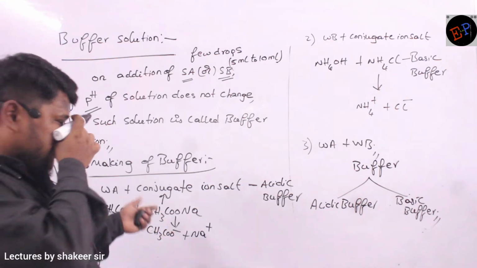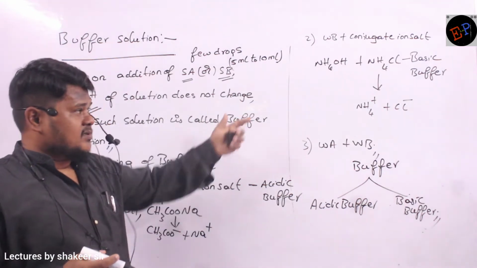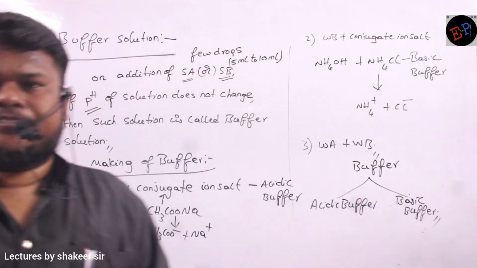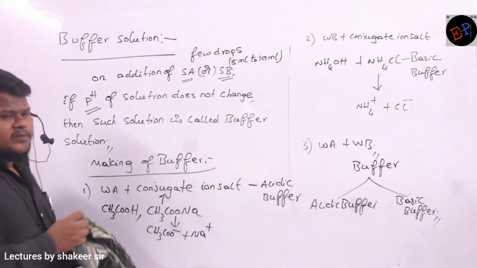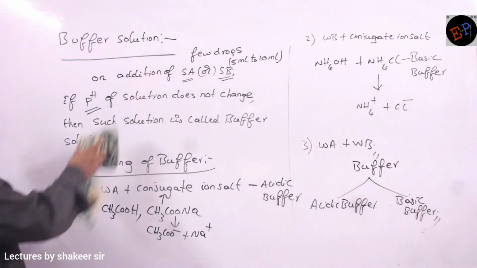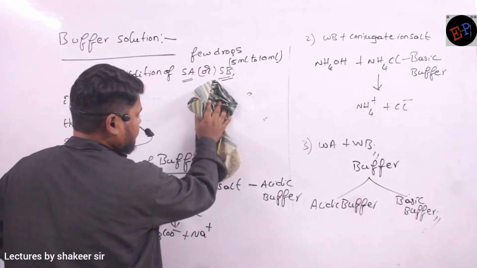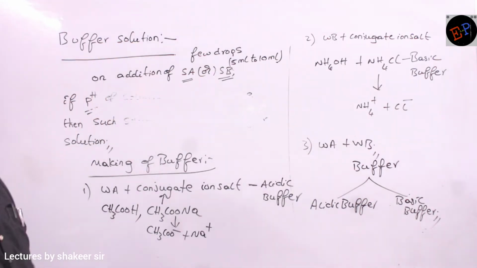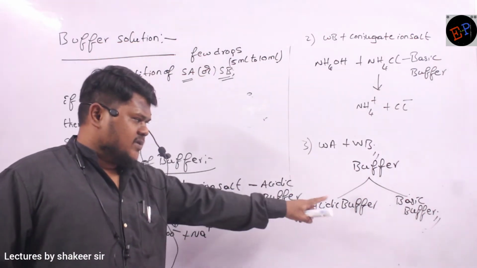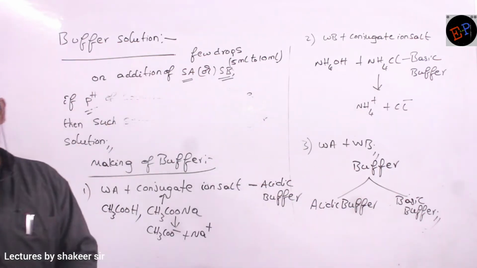So this is an example of an acidic buffer, and that is the example of a basic buffer. Now we will discuss in which range a buffer remains a buffer. Sir, the third one is also a buffer, but we don't have any specific name for that. So we divide buffers only into two types, acidic buffer and basic buffer.